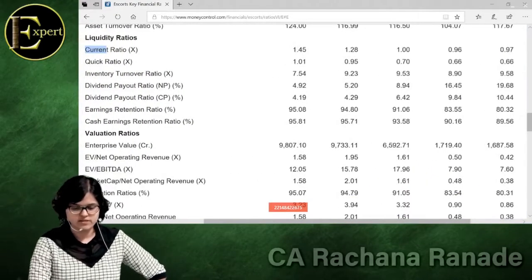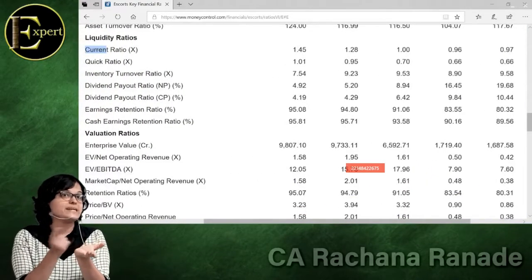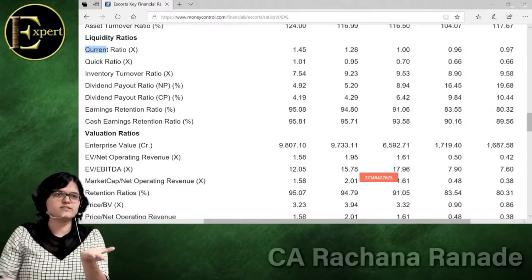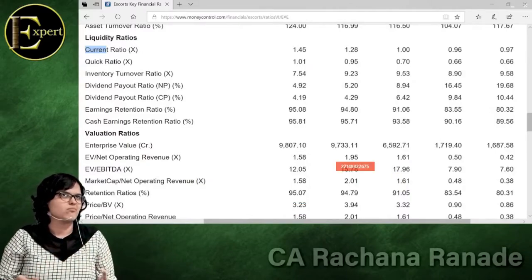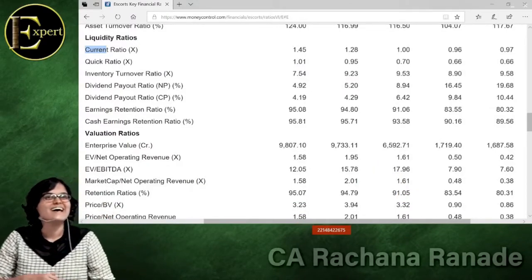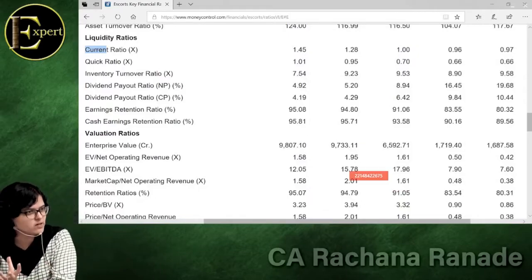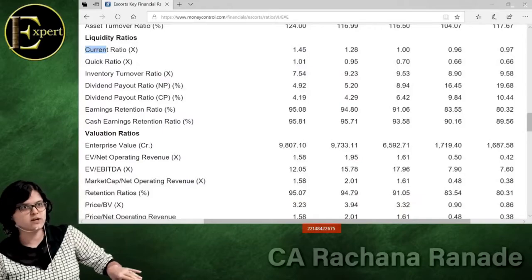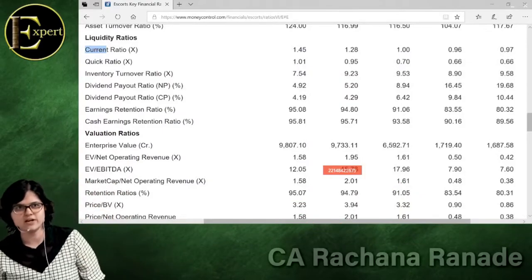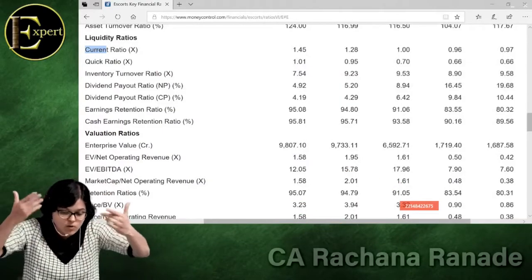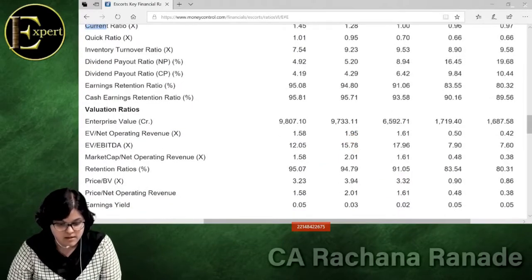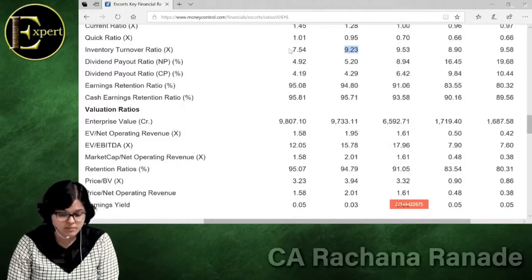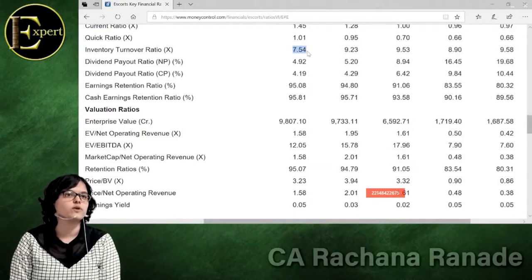Inventory turnover ratio basically tells us how many times the company was able to turn over its inventory. Manufactured 100, sold 100, again manufactured 100, sold 100, manufactured 100, sold 100. How many times did this happen in a year? Earlier it was 9.23 times, now it is 7.54 times.